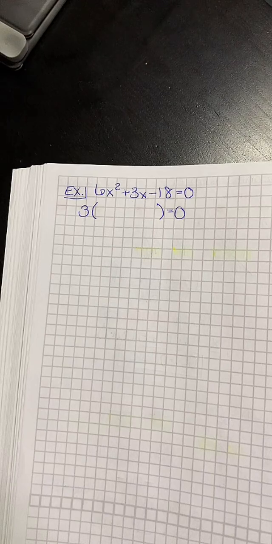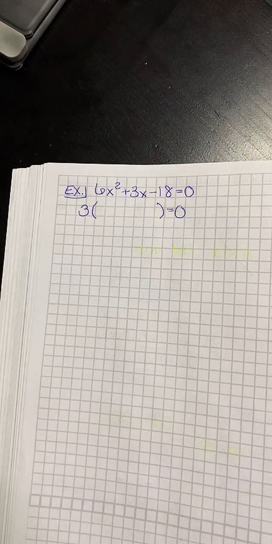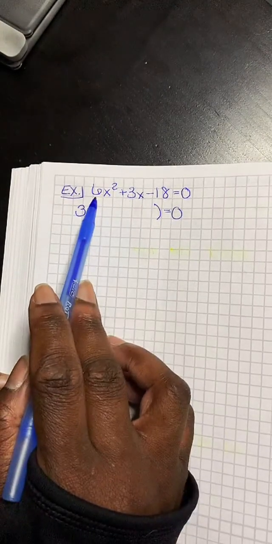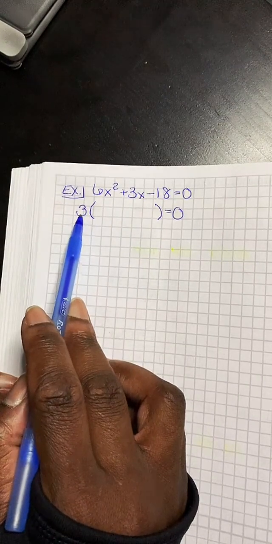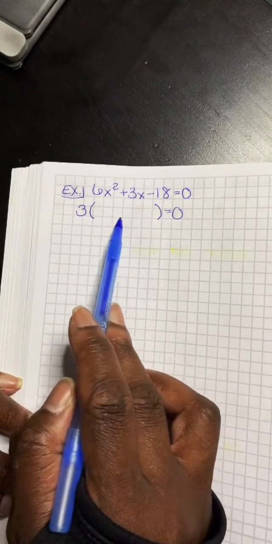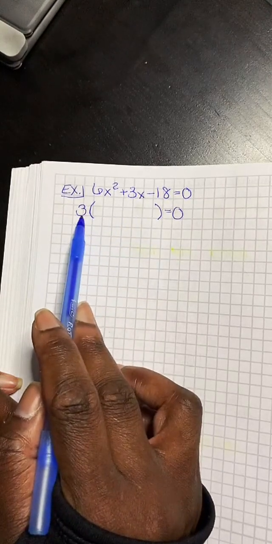But let's factor first and see what's left over. We have a GCF, 6, 3, and 18 have a GCF of 3 in common, so we're factoring that out. Now I'm asking you what's going to remain inside the parentheses after we factor out the 3.